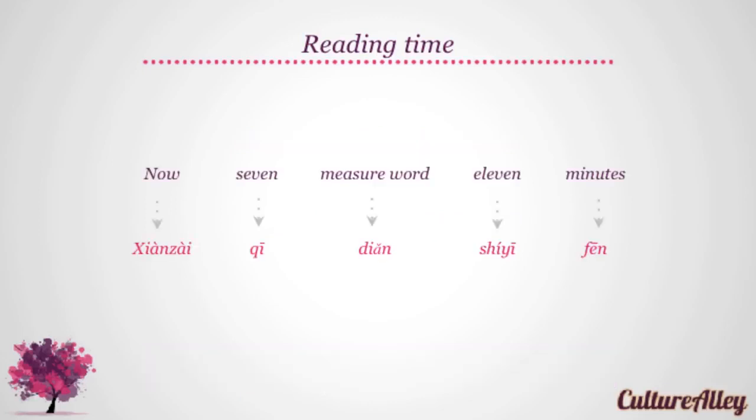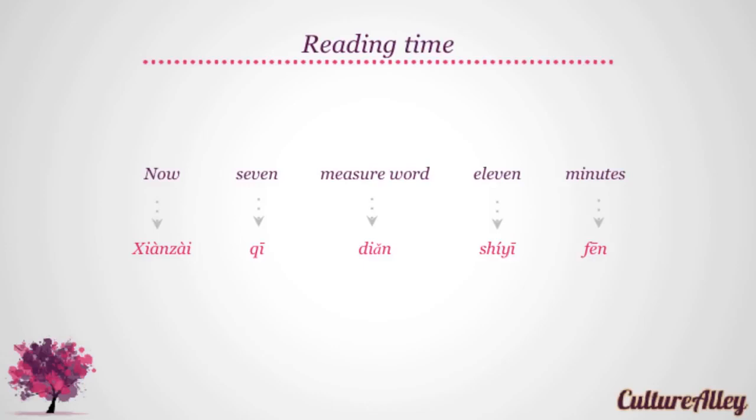Let's try another phrase. It's 7 minutes after 11. Here's the breakup. Now translates to 现在. 7 is 七. Measure word used here is 点. 11 becomes 11.